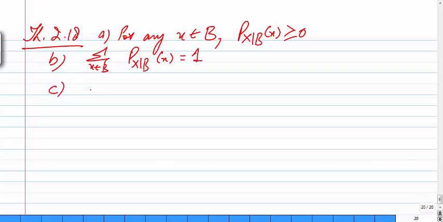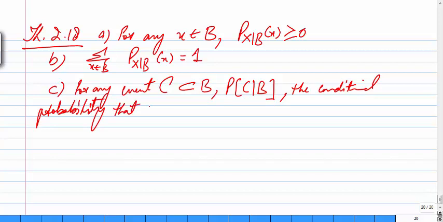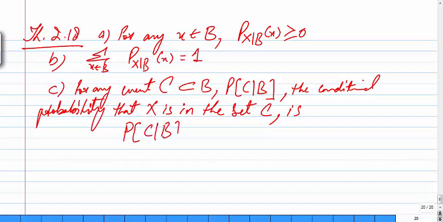The last one is that for any event C which is a subset of B, the conditional probability of C given B, that is, the probability that x is in the set C, is the sum over x in C of P_{X|B}(x).